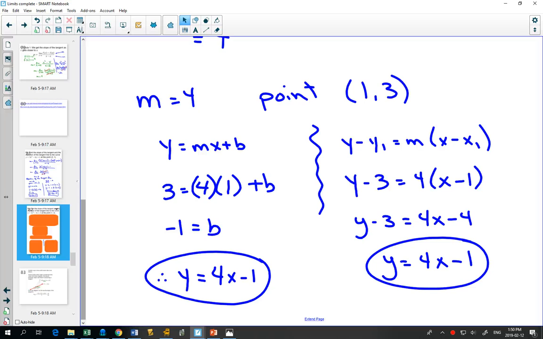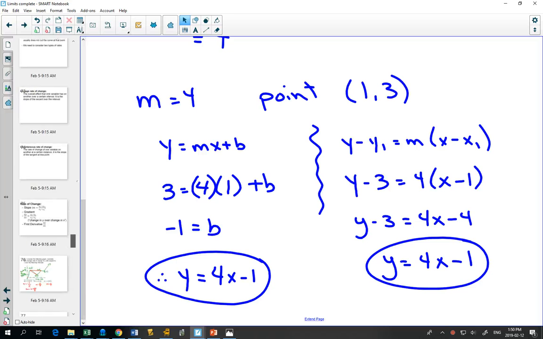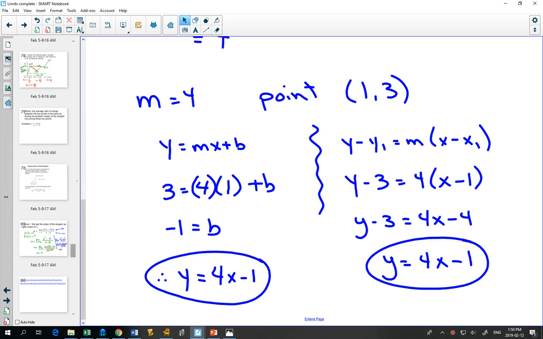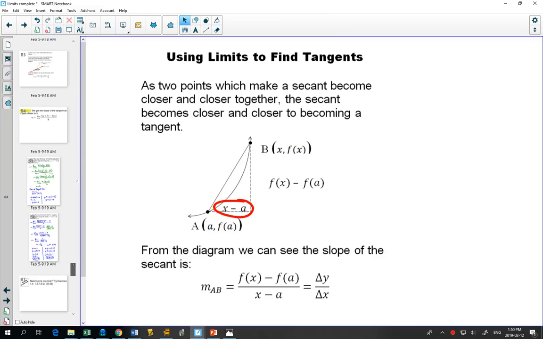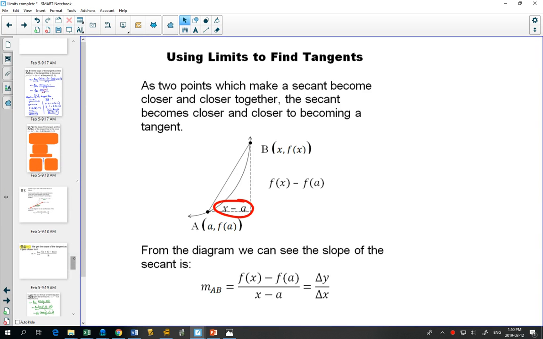Now, if I go back to our initial diagram, this was our initial diagram that we used, and we used this x minus a for our run.